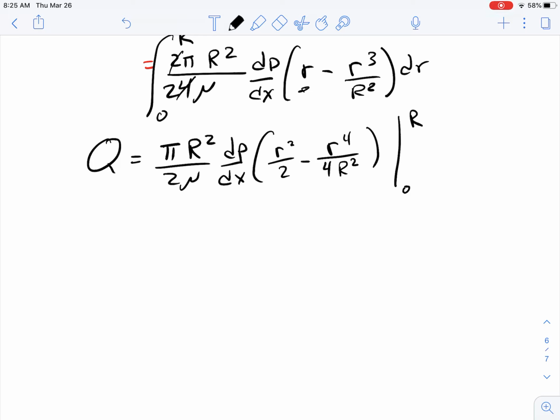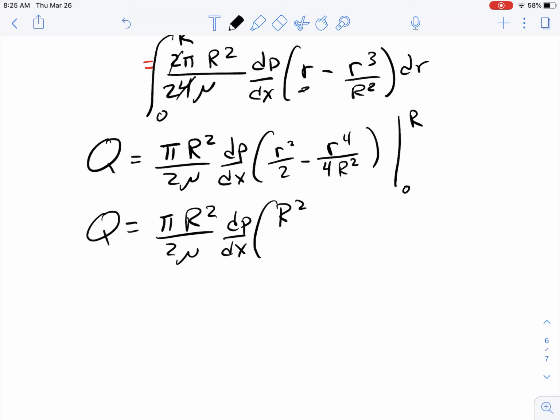If we do that, we end up with Q equals pi R squared over 2 mu dp dx, big R squared over 2 minus big R to the fourth over 4 R squared.